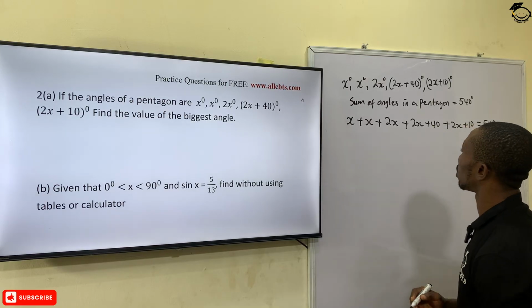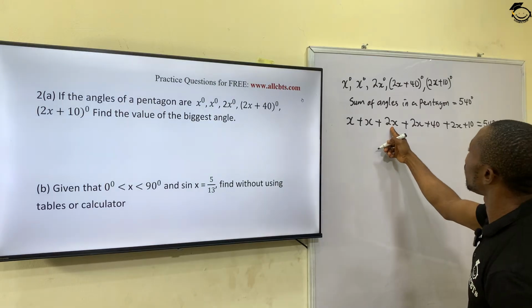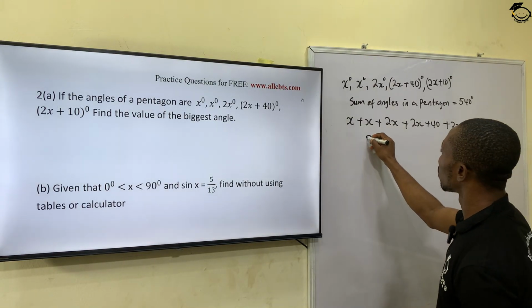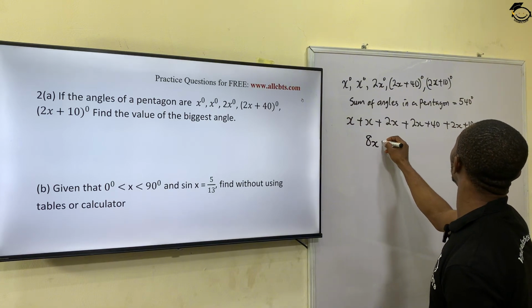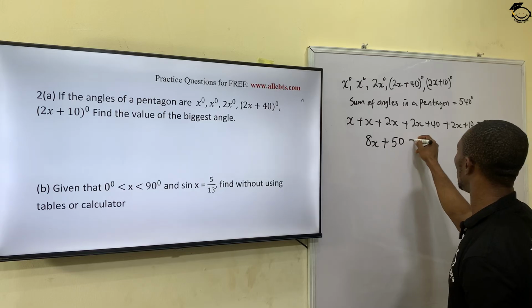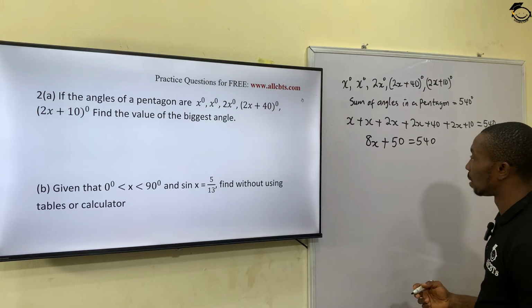Now, collecting our like terms, we have x plus x is 2x, 4x, 6x, and 8x. So 8x plus 40 plus 10, 50, equals 540 degrees.